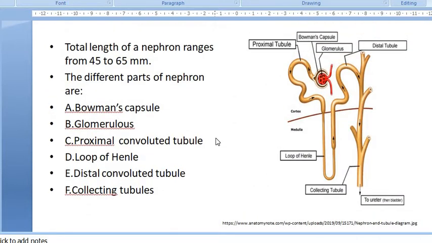Each nephron's length ranges from 45 to 65 millimeters. It has about 6 different parts.